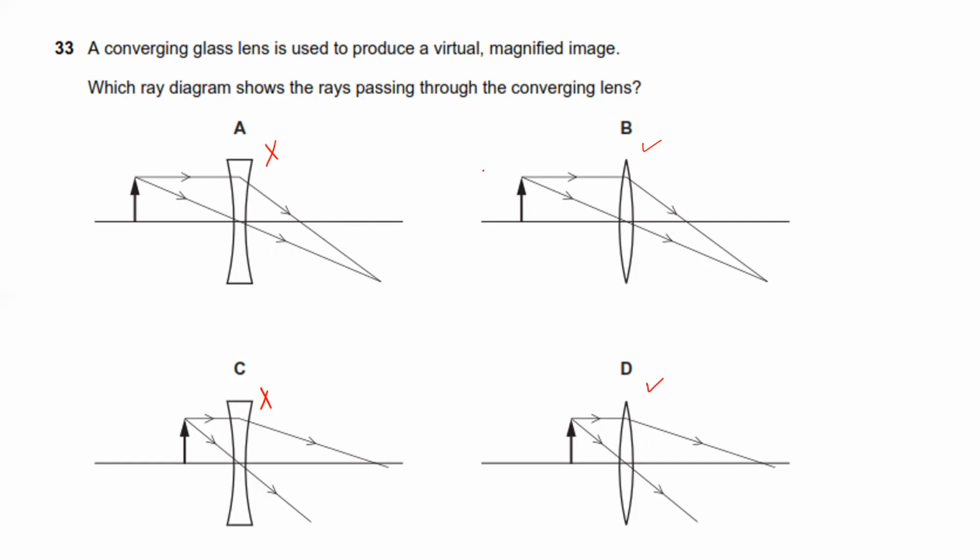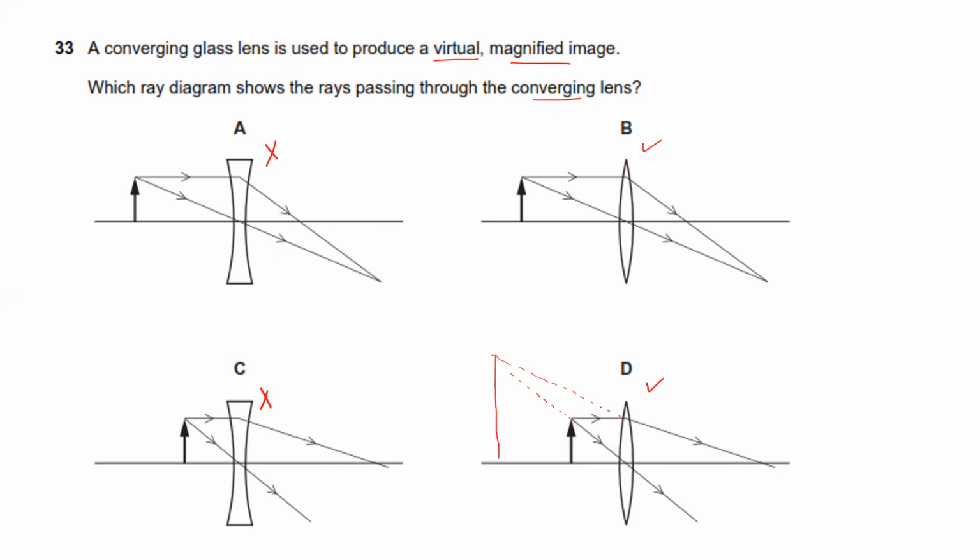So we are basically looking for a virtual and magnified image. For a converging lens, a virtual and magnified image is formed on the same side as the object.